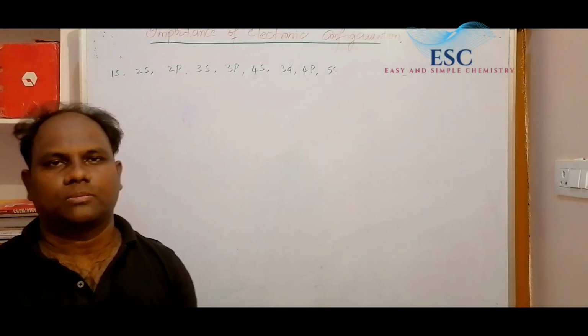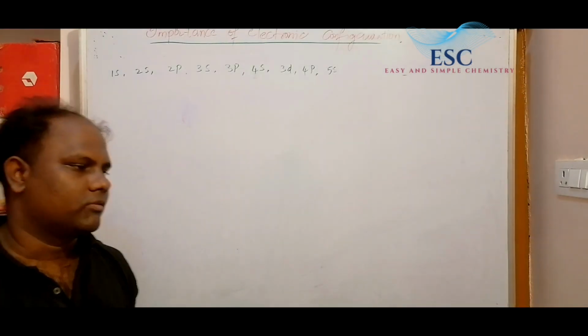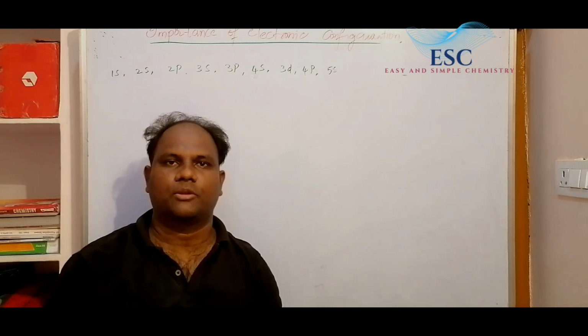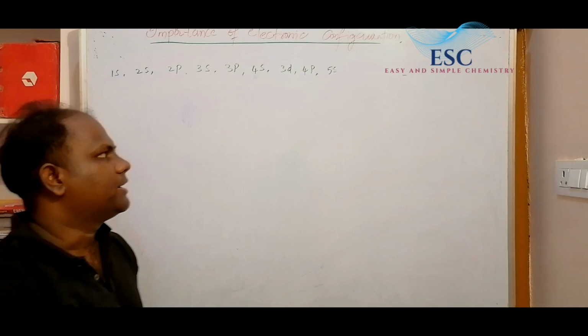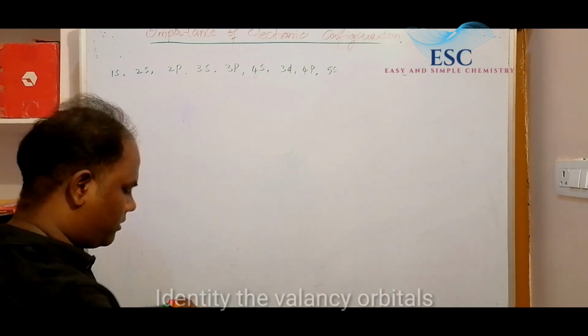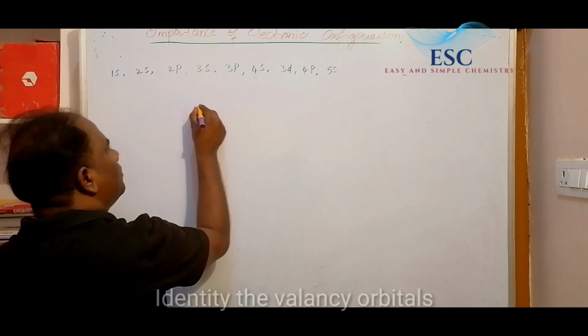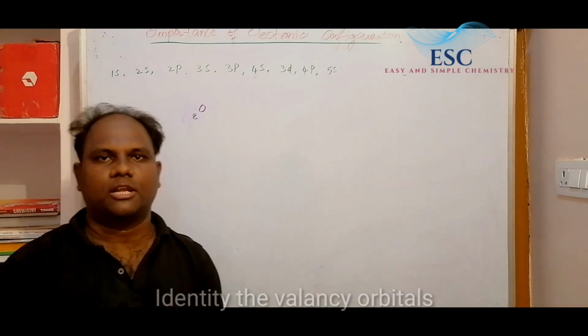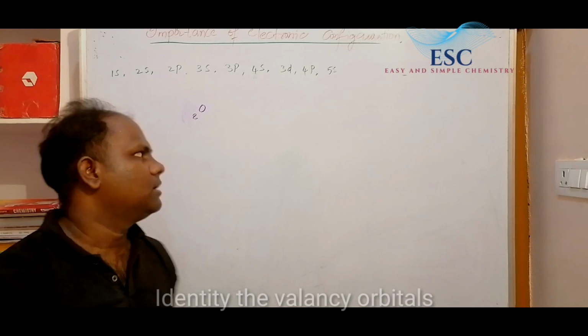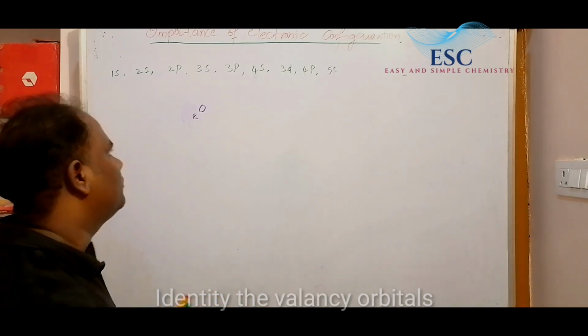Now we are discussing the valency orbitals. What is the valency? What are the valency orbitals? The last orbitals are also called the valency orbitals. Let's write one example. The atomic number of oxygen is 8. Eight means in an oxygen atom 8 electrons or 8 protons are present.